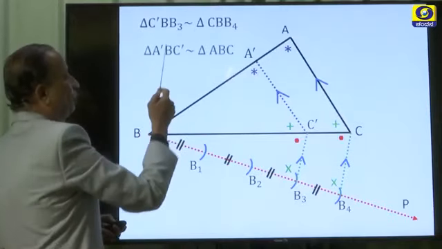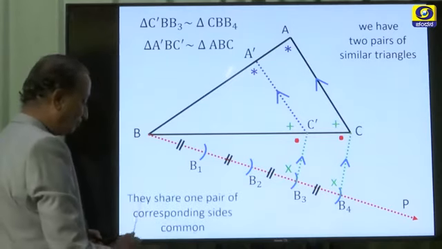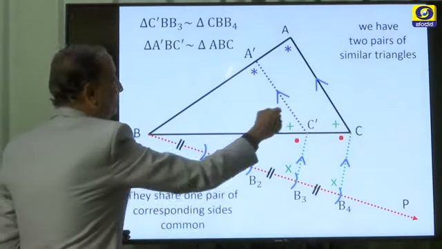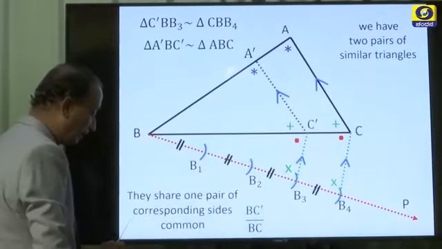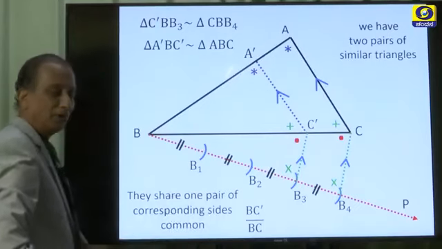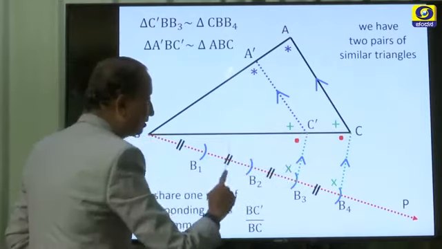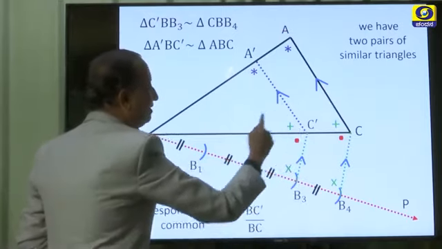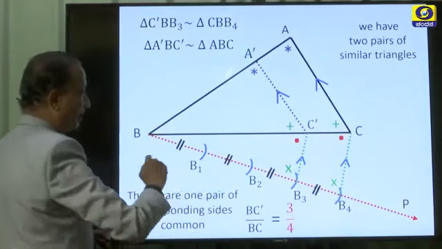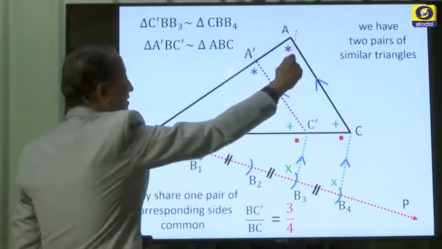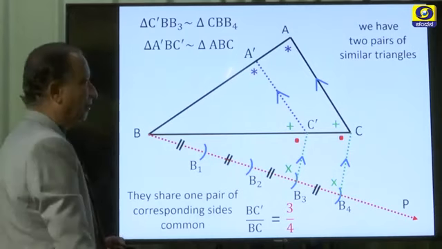So now there are two pairs of similar triangles. These share one pair of corresponding sides in common, that is BC dash by BC, which is common to both pairs. When this ratio is 3 by 4, definitely this by this must be equal to this by this, which should also be equal to 3 by 4.